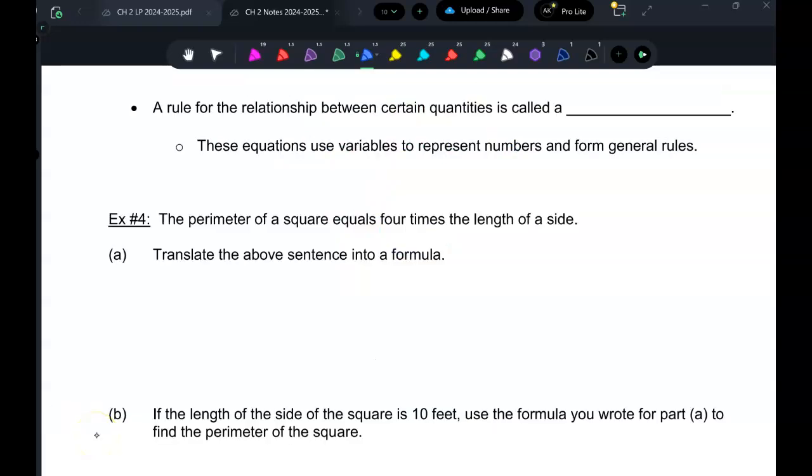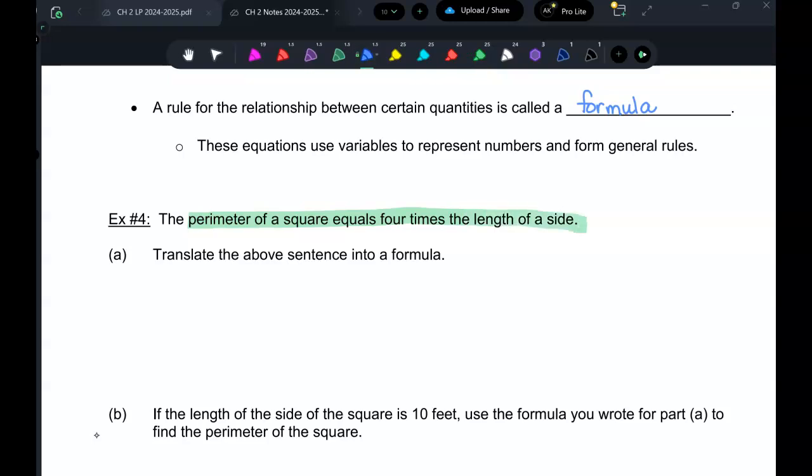A rule for the relationship between certain quantities is called a formula. We use formulas in math, we use them in science, right? So we're going to start, and we had one similar to this on the last test. It says the perimeter of a square equals 4 times the length of the side.